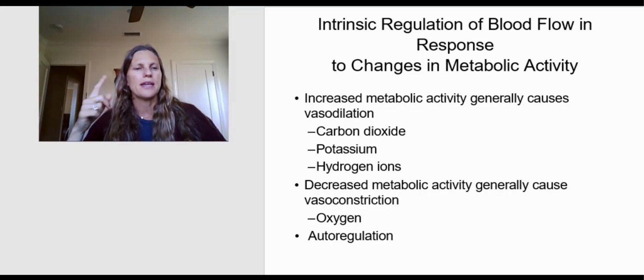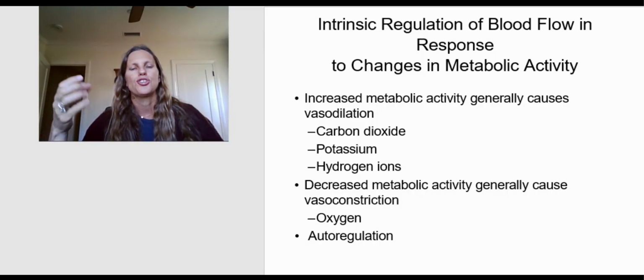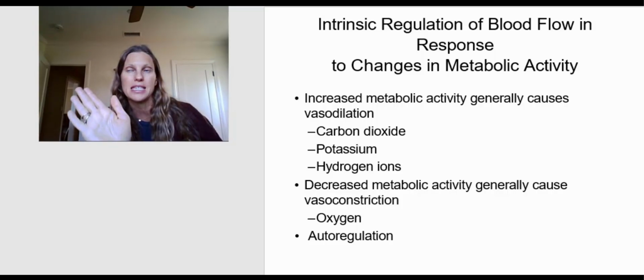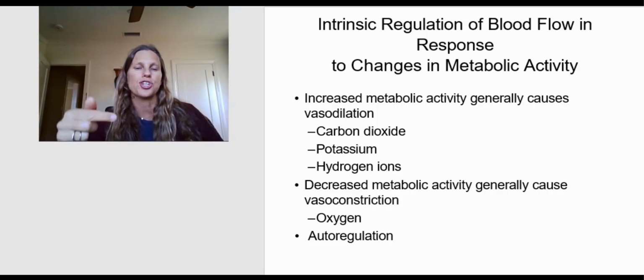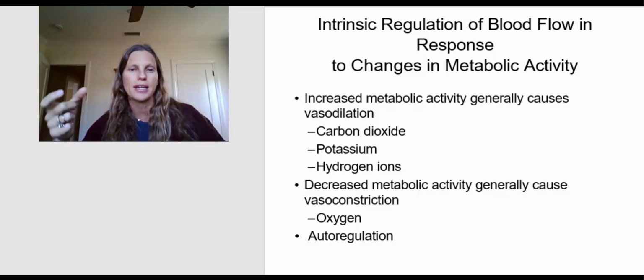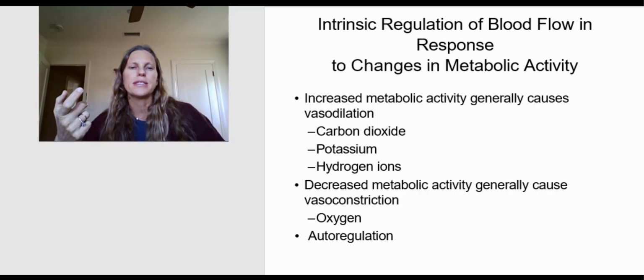The inside layer of the blood vessel, the tunica interna, if you remember, oftentimes will produce signals that will influence the smooth muscle activity in the tunica media. So the signals produced by the inside of the tube will control the tension or the smooth muscle activity of the muscular layer.